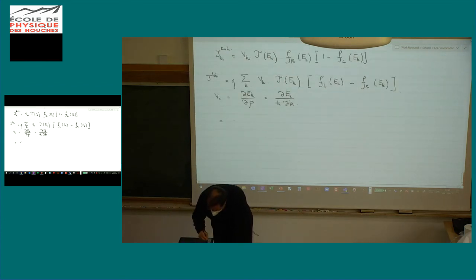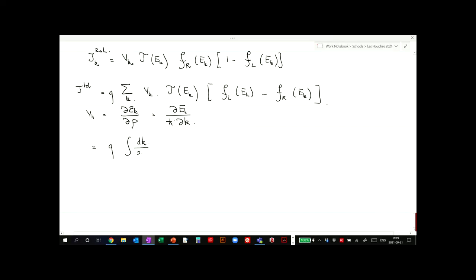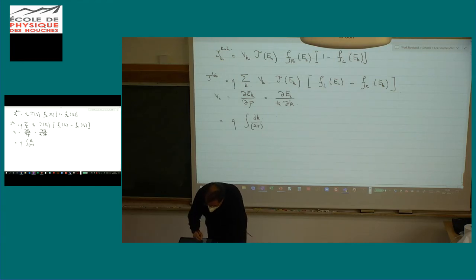Then what I get is q here, this sum over k I can replace by an integral. It's the integral over dk. I do this with reservoirs which are one-dimensional, divided by 2 pi. This is the usual quantization. Then I have here d of epsilon_k over h bar dk.